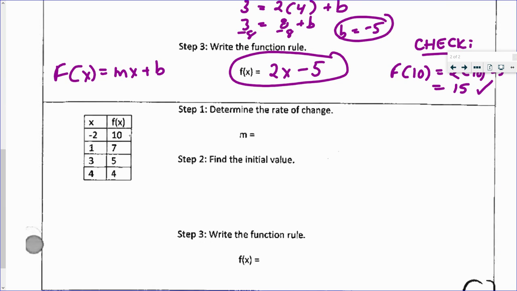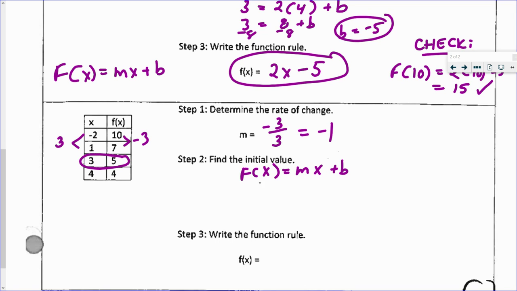All right, let's calculate our rate of change here. So y went down by 3, x went up by 3. So my rate of change is -3 divided by 3, which is -1. To find the initial value, I'm going to pick one of my points from the table. And last time I picked the first one, I'm just going to pick this one this time.